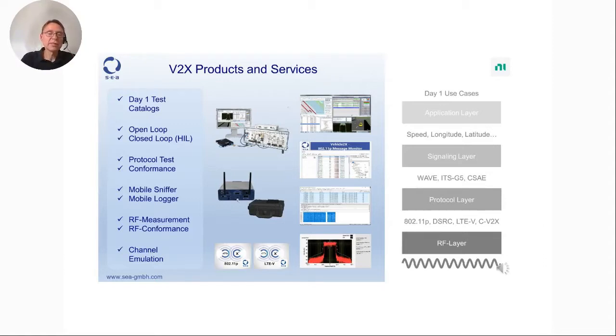Finally, for testing on application level, you need open or closed loop test systems, and not to forget test catalogs, which already implement the tests that have to be taken for the different use cases and applications. We support 802.11 DSRC as well as LTE-V, and we are using software-defined radio technology here, which gives us a lot of ability to implement customer-specific things or additional features, which are quite unique in the market.